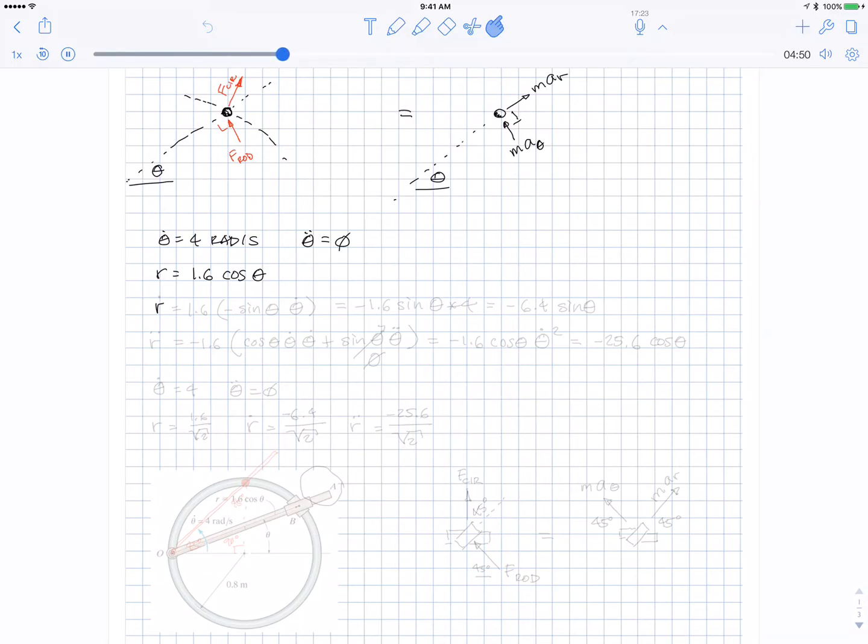I've done this enough now where r dot equals 1.6. The derivative of cosine is minus sine. And then by the chain rule, theta dot. That's nice. And r double dot equals minus 1.6 times the derivative of sine, which is cos theta, and by the chain rule another theta dot times theta dot, plus sine theta times theta double dot, which is 0.